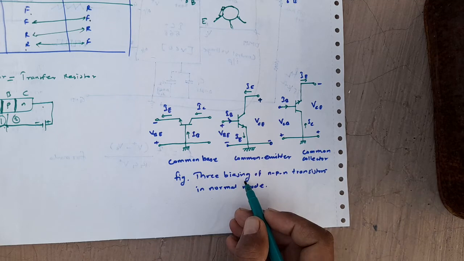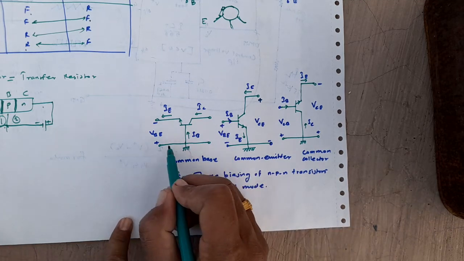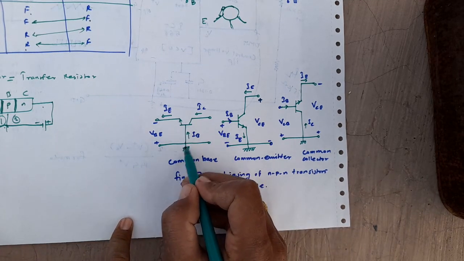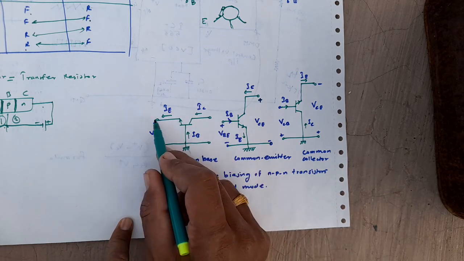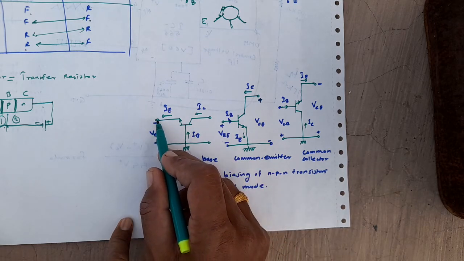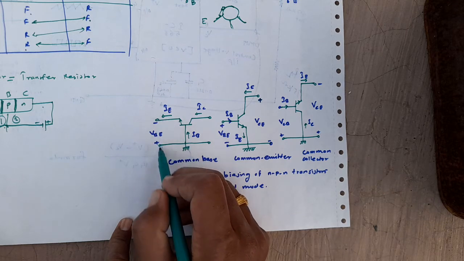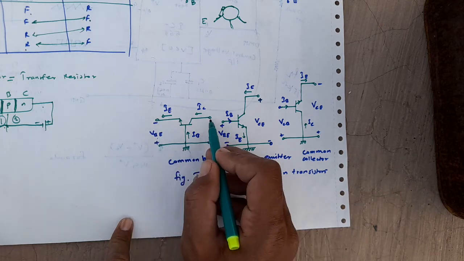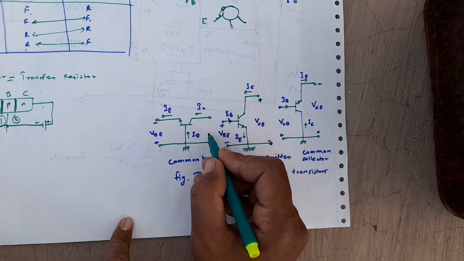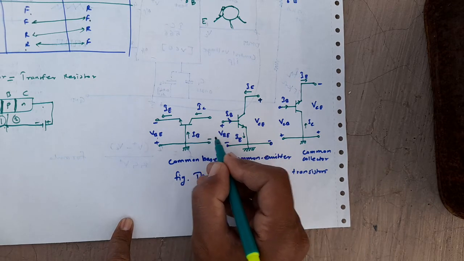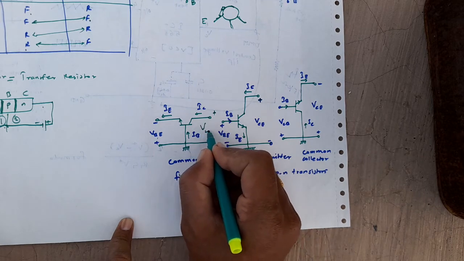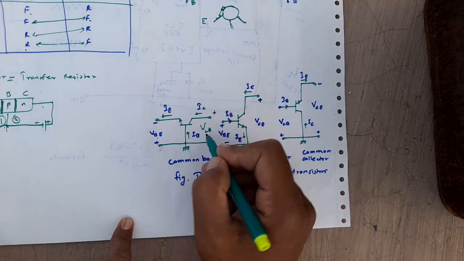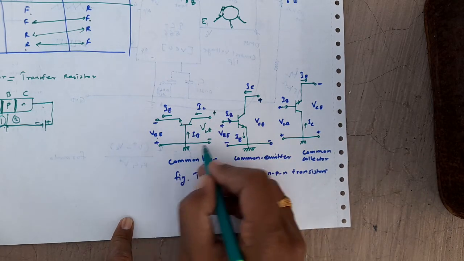Now here we can see the common base means the base is common, and the input is applied at the VBE, with the polarity as shown, and VCE is applied here, so the base is common for both.